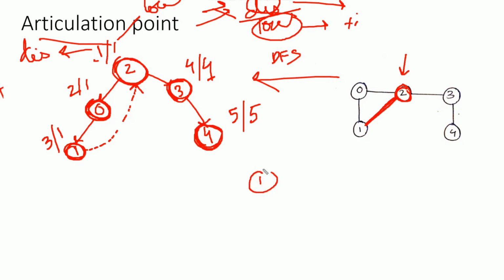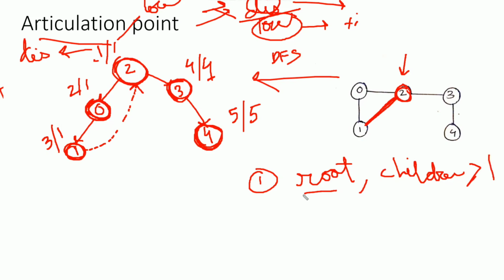The first rule is: if the DFS tree has a root, we need to check that the root has more than one child. So if the children count is greater than 1 for the root vertex, it means that the root is an articulation point.